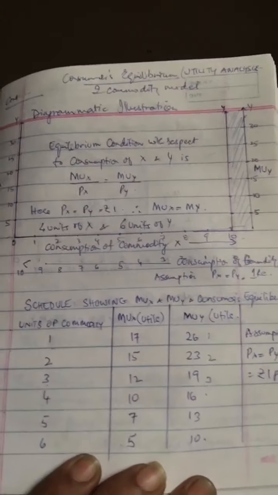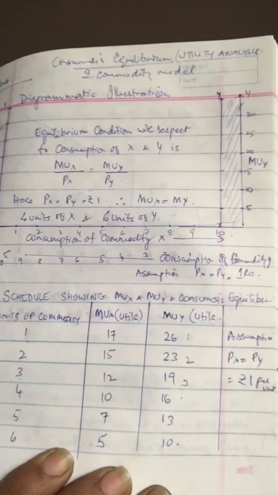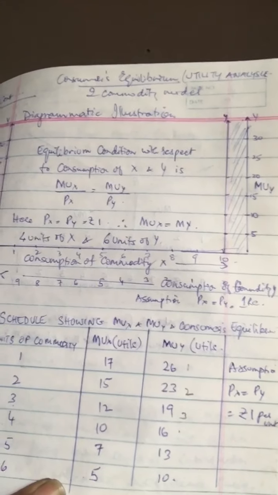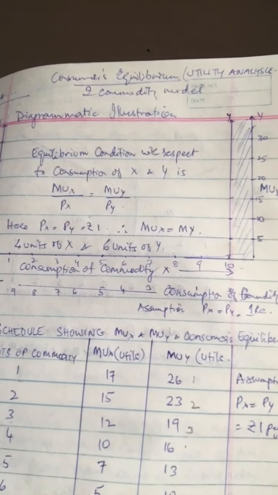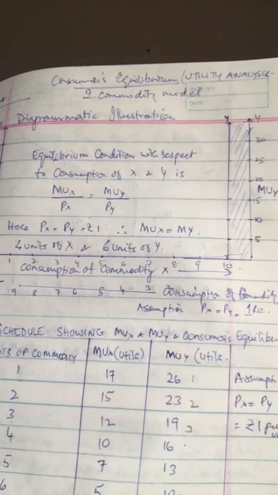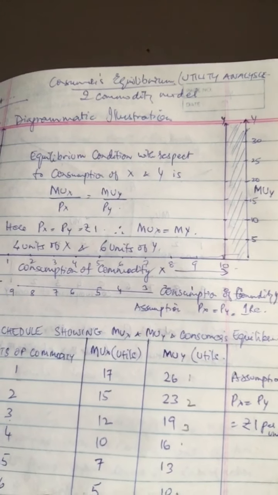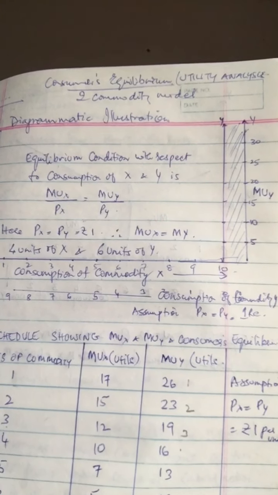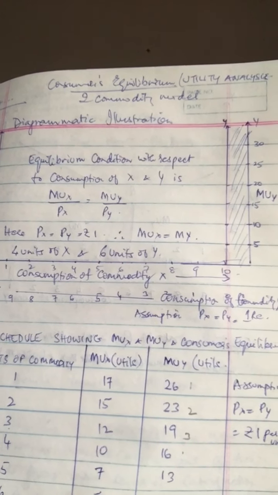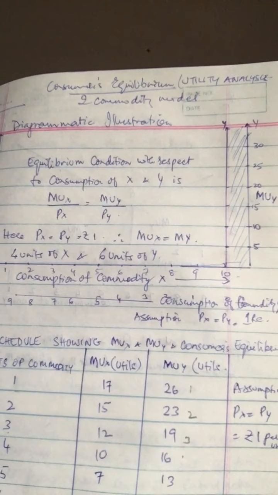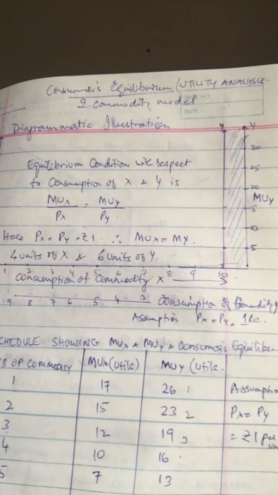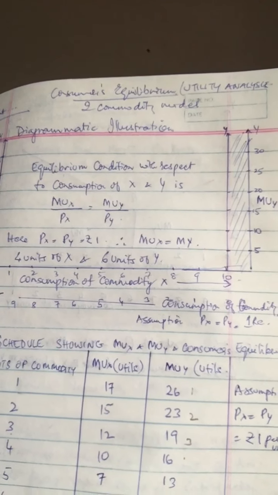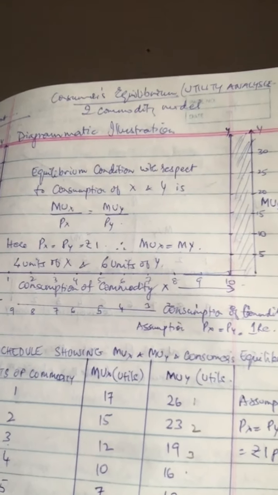For example, I've just marked it as 1, 2, 3. When he spends 1 rupee on Y commodity, he gets 26 worth of satisfaction. Then the second rupee on MUY, it's 23. Third rupee, 19. Next is 17, the fourth unit which he'll spend there. And then 16, and so on.